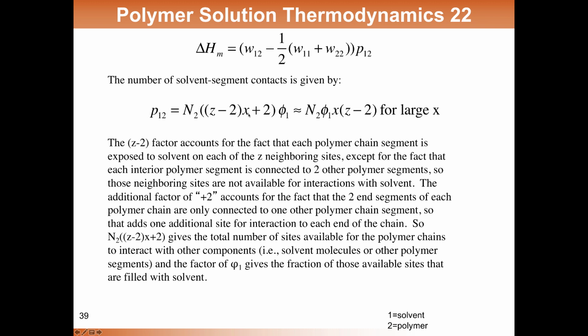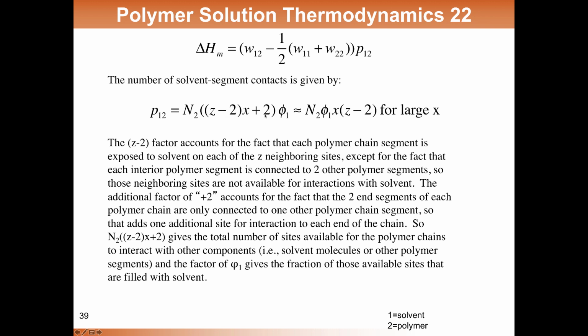interior polymer segments, that is the segments except those on the end, they would see solvent around them at Z minus 2 locations. That is, any interior polymer segment would have polymer segments in two of the lattice positions around it, and then in all of the other accessible lattice positions could have solvent.